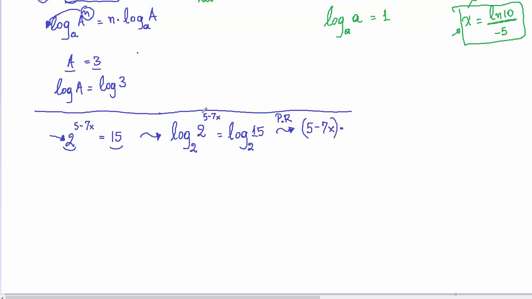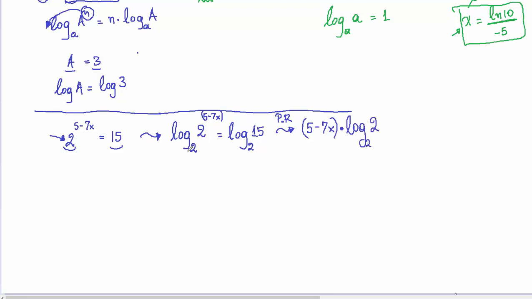It is important to put this in parentheses if it is more than one term, because otherwise when you multiply, you may forget and multiply only one of the terms of your exponent with a logarithm. So you have now this times log base 2 of 2.